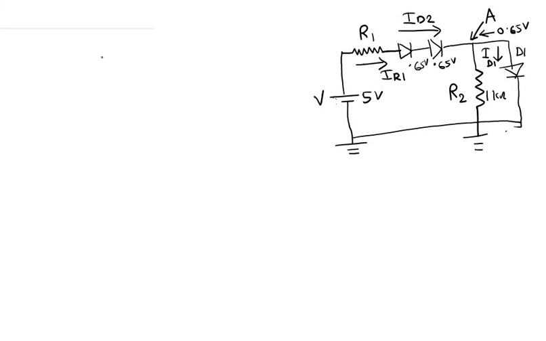So IR1 is V, this voltage source, minus 3 V gamma, one for this diode, one for this diode, and another for this diode, divided by R1.